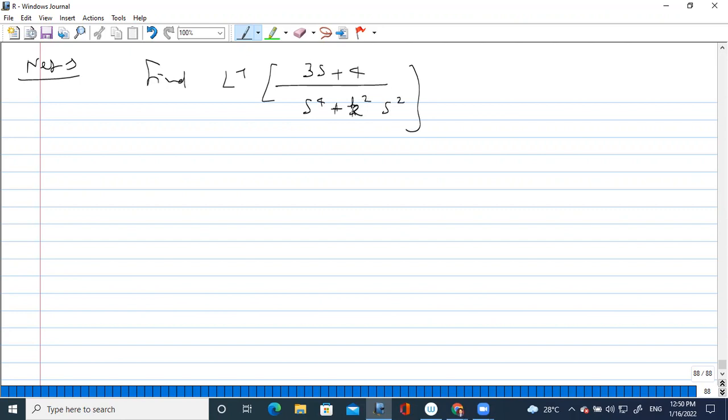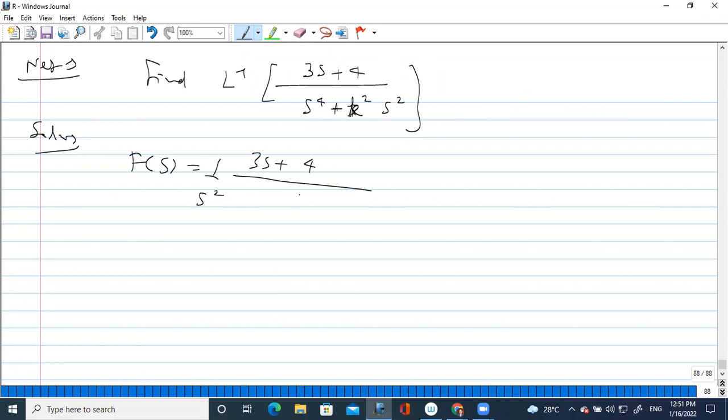So here you can anticipate what I can do. Because now you have learned the 1 by s square method also. If 1 by s square is somewhere, you can do double integration. So here it is Laplace inverse of, or simply you arrange F(s) first. F(s) is 3s plus 4 divided by, here 1 by s square I can take common.